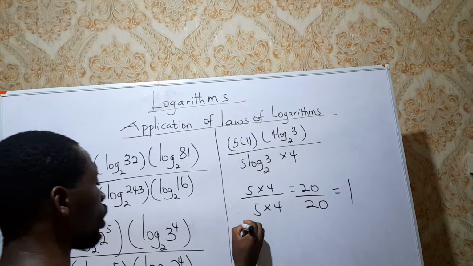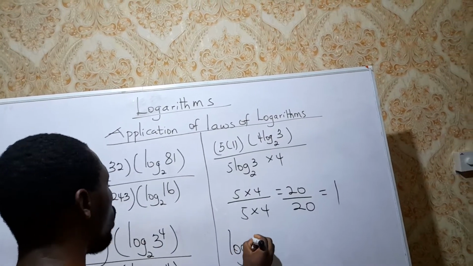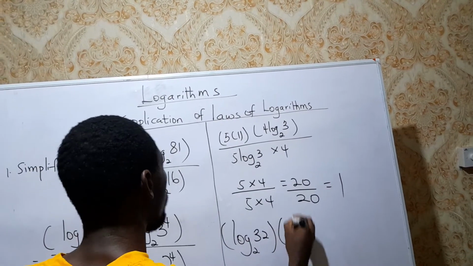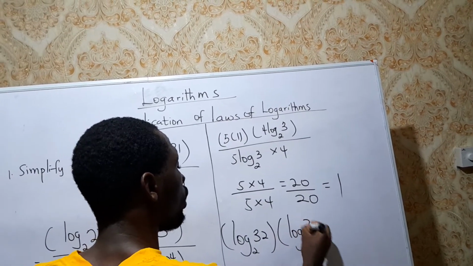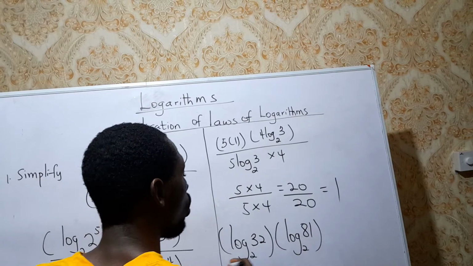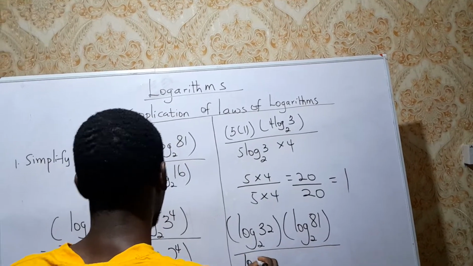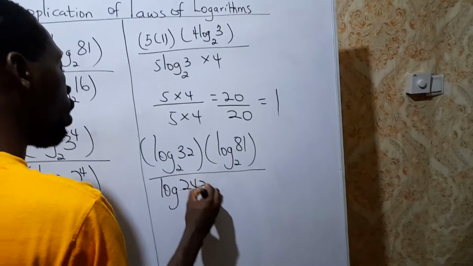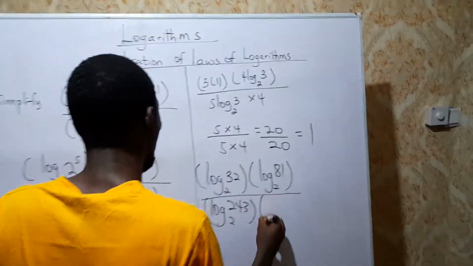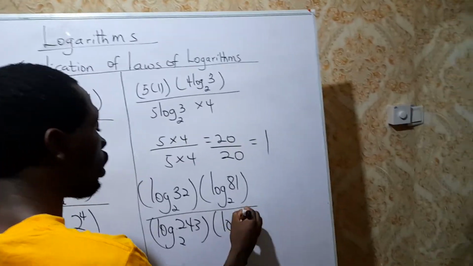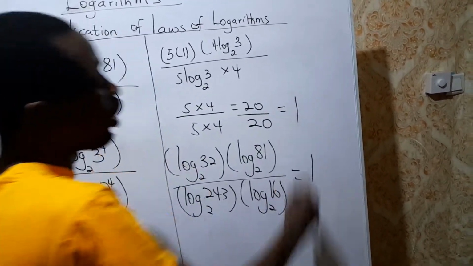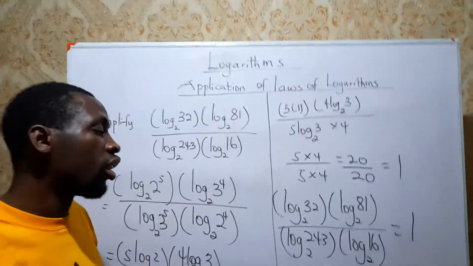So we can say that log 32 base 2 times log 81 base 2 all over log 243 base 2 times log 16 base 2 is equal to 1. I hope you get that.